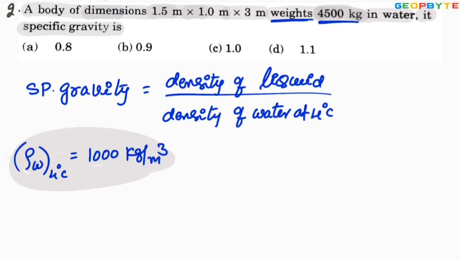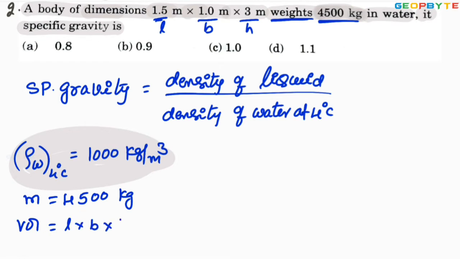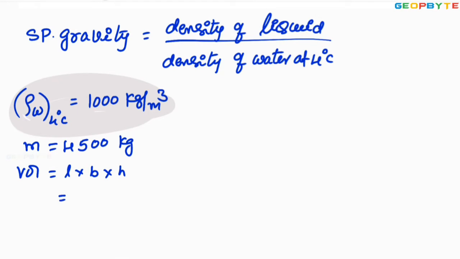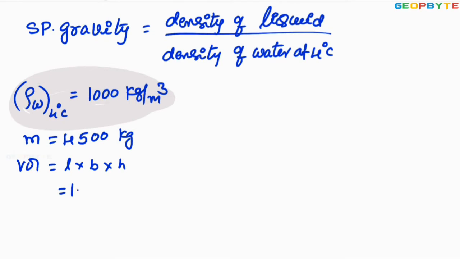Now look at the data which is given. Mass given equals 4500 kg. Here the given values are length, breadth, height. So volume equals length multiplied by breadth multiplied by height. Look at the values, 1.5 into 1 into 3, which is equal to 4.5 meter cube.